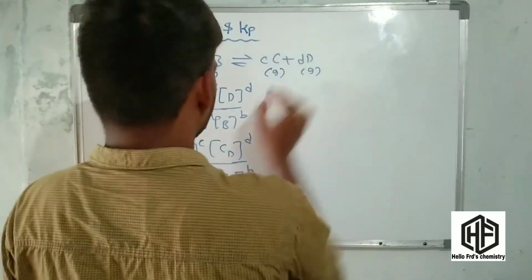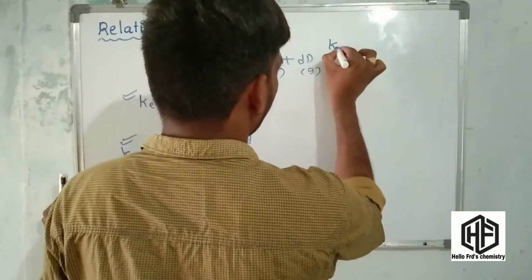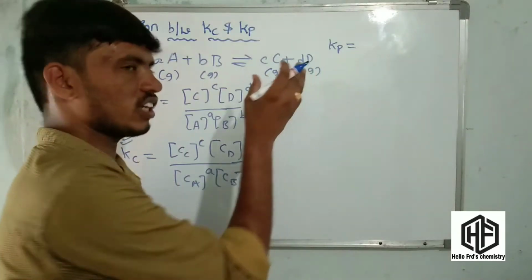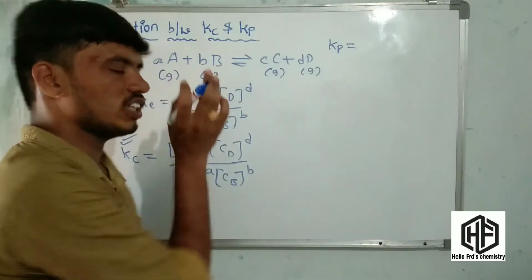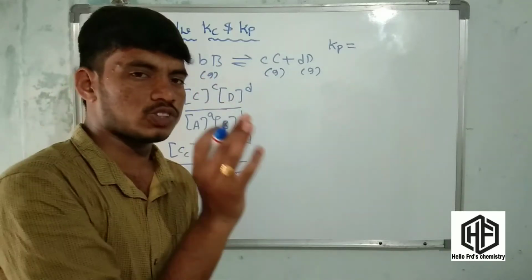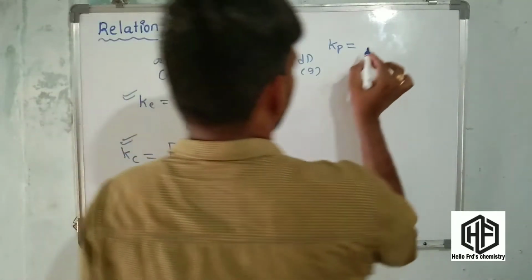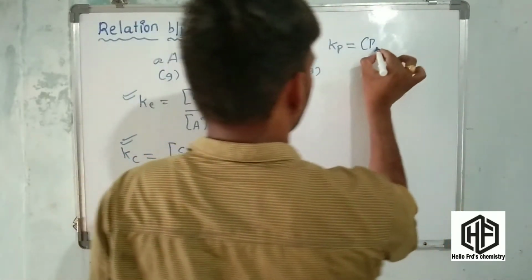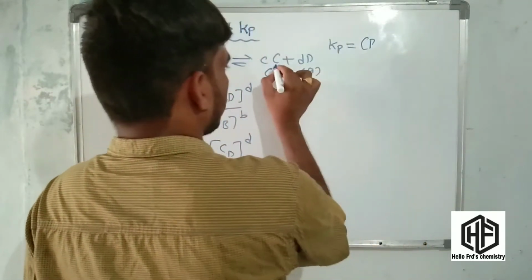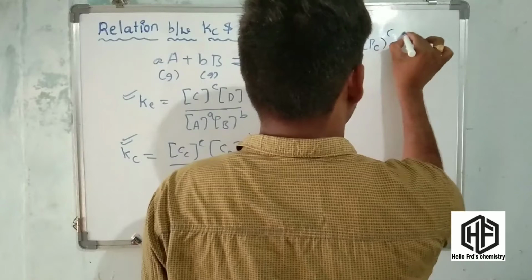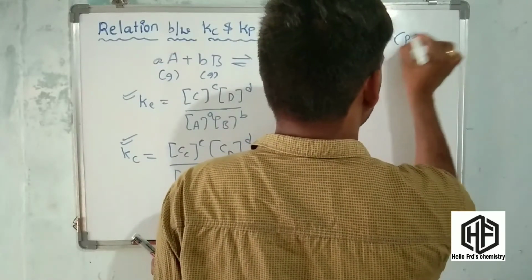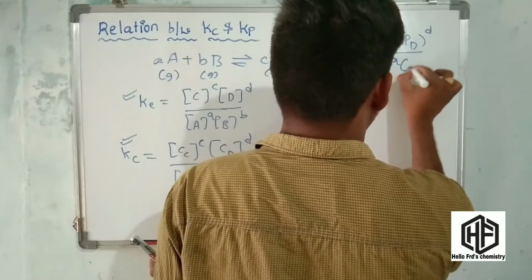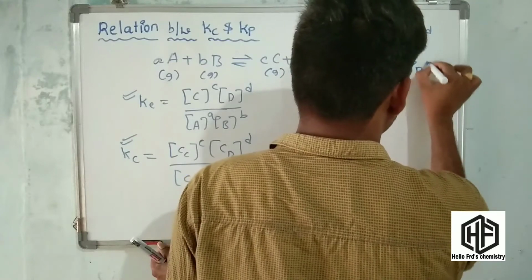Kp is the partial pressure of products raised to the power of their stoichiometric coefficients, divided by the partial pressure of reactants raised to the power of their stoichiometric coefficients. That is the partial pressure of C raised to the power c and the partial pressure of D raised to the power d, divided by the partial pressure of A raised to the power a and the partial pressure of B raised to the power b.